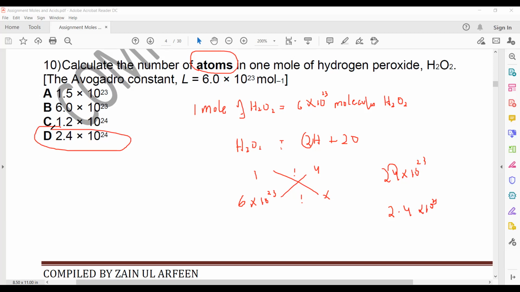Is it clear? The concept, how we can identify the number of particles from molecules. Any doubt in this?